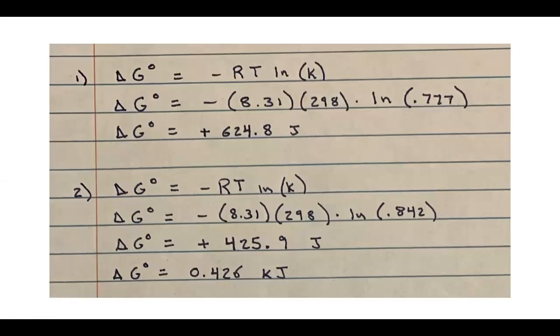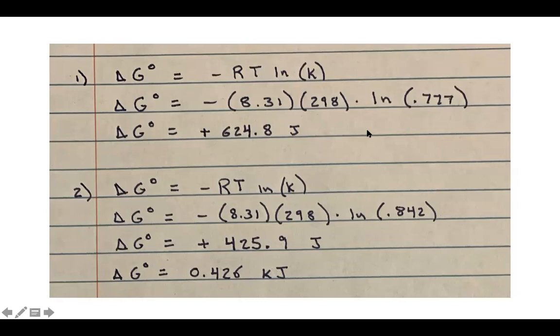Those were different between the 2 problems, but the temperature and R, which is a constant, should have been the same. So for both of these problems, you would have used the equation delta G naught equals negative RT times the natural log of K, right? Because when you're at equilibrium, you're going to use this equation.